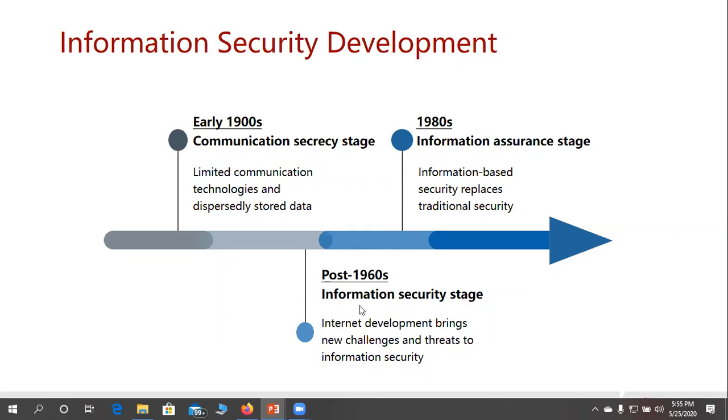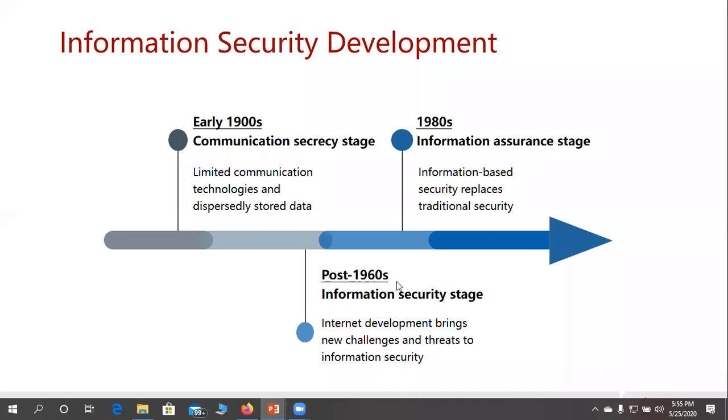Then post 1960s, this is what we call the information security stage. Here we had internet development, which brought about new challenges and threats to information security.